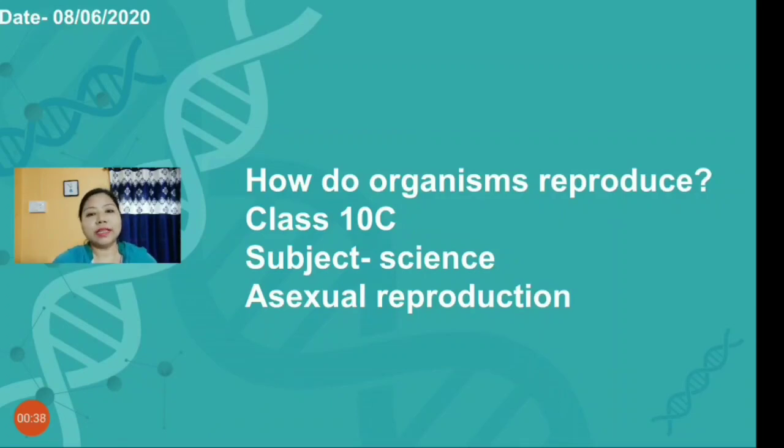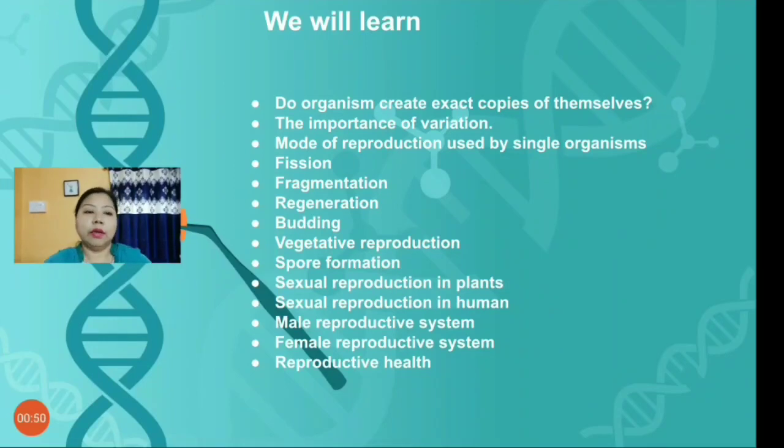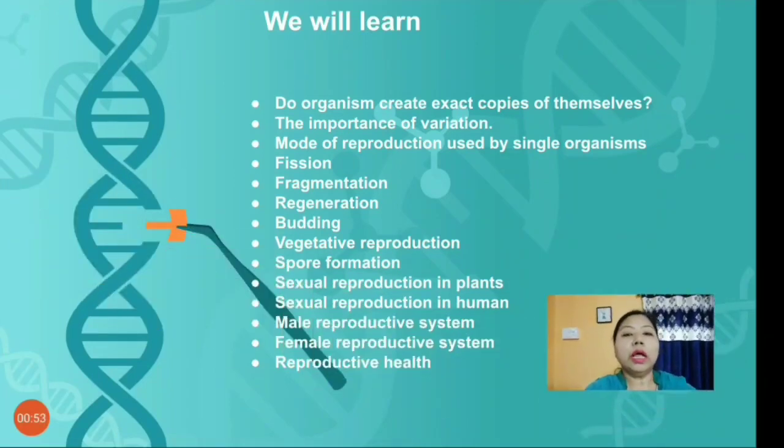So first let us look at what we are going to study and understand in this chapter, that is how do organisms reproduce. We are going to learn about reproduction in plants and animals, and you'll find out whether organisms create exact copies of themselves or not.